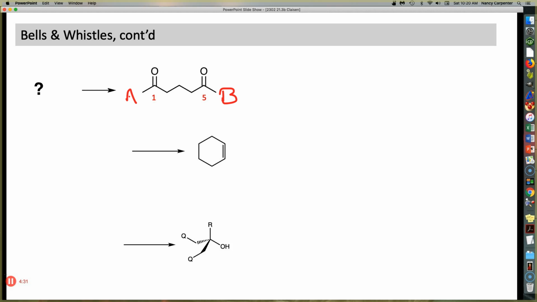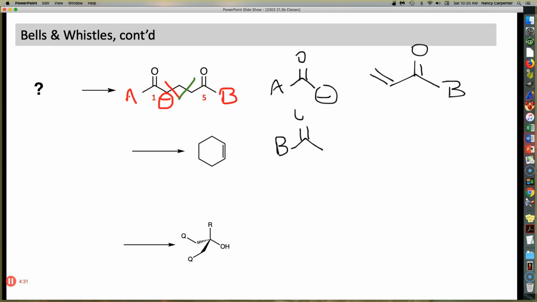Well, my enolate could be either here, adding to this Michael acceptor, or my enolate could be here. In other words, I could have the enolate adjacent to the other half of the molecule, adding to that Michael acceptor.